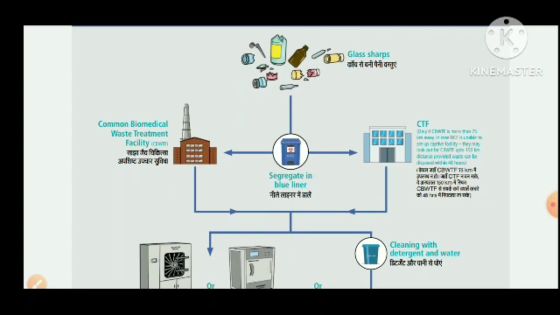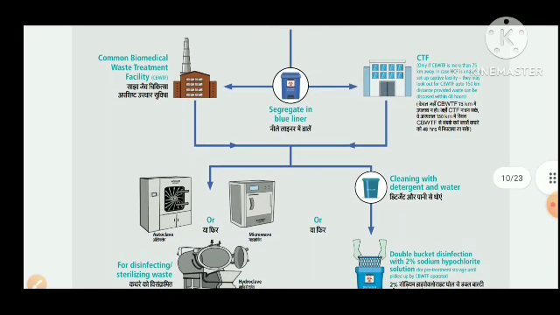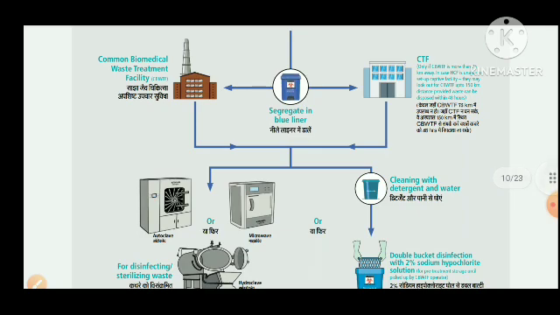Blue liner colored bin. Okay, after collecting into the blue liner bin, it is sent to the common biomedical waste treatment facility, and later from there it is transferred to a pre-treatment facility, in which we use autoclave and microwave.